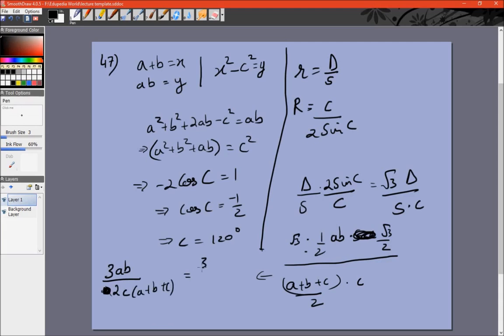This can be written as 3y by 2c times x plus y, which means the answer to this question is option B.